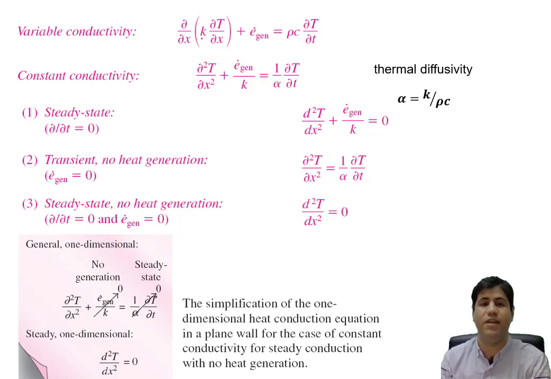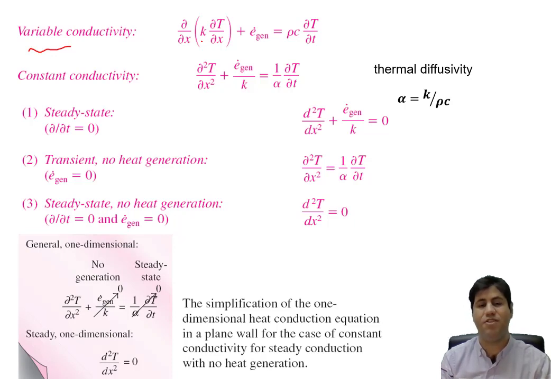K is the thermal conductivity. This is the general form, so we assume that K, the thermal conductivity, is variable. Usually we assume that K is constant. For example, we say for iron, the thermal conductivity is this value. But thermal conductivity is a function of the temperature of the object.